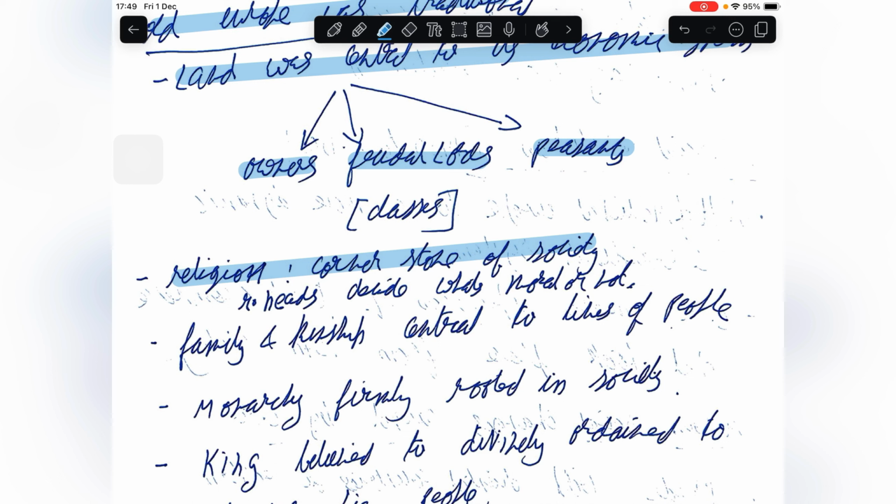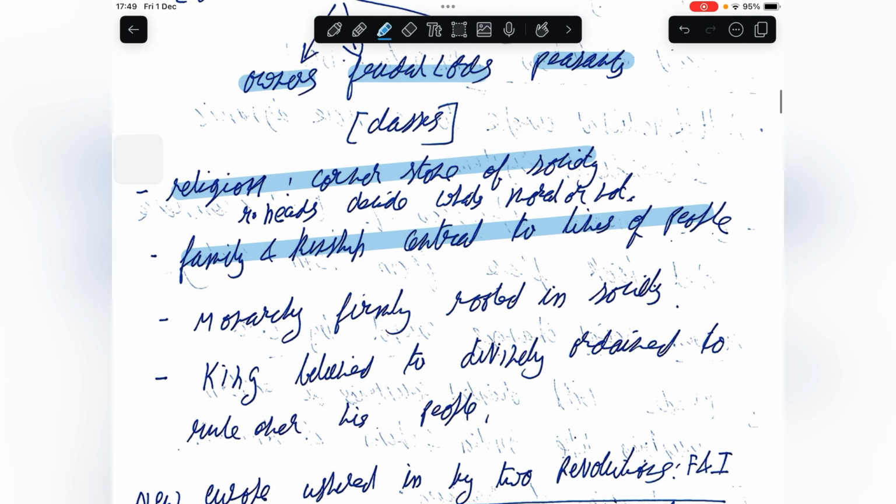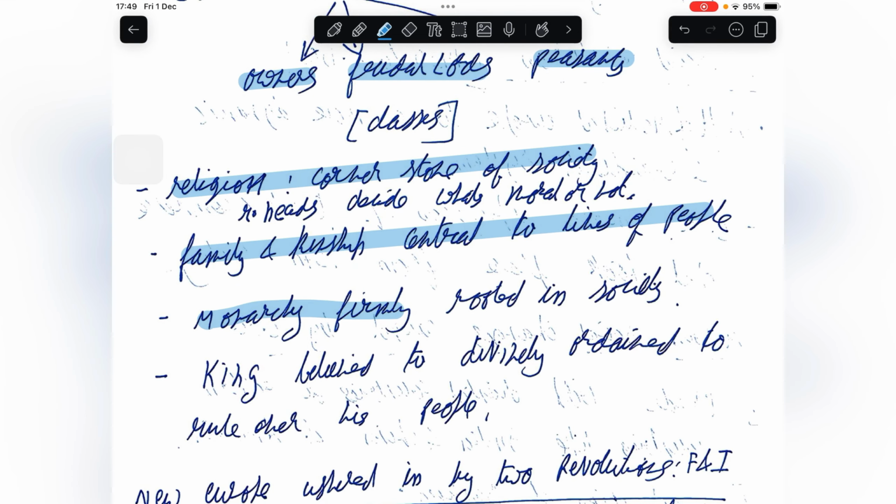Family and kinship were central to the lives of people. Monarchy was firmly rooted in the society. Kings were believed to be divinely ordained to rule over the people. Basically there was absolute monarchy, and kings believed that they had God's will on them, that they could rule over the people. That's what they believed back in that time.